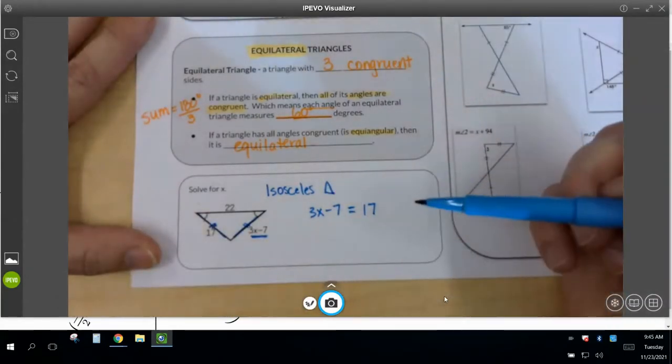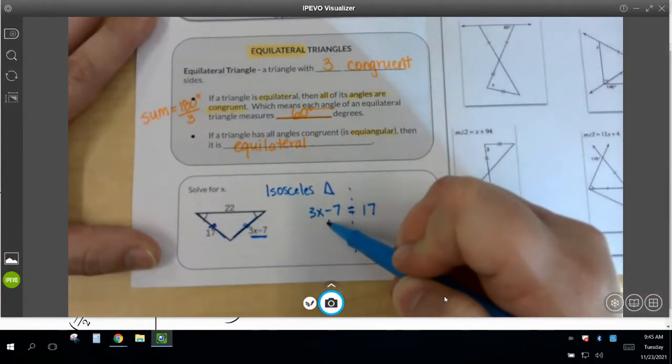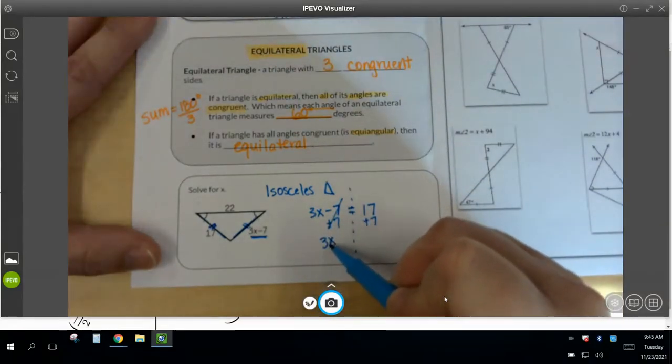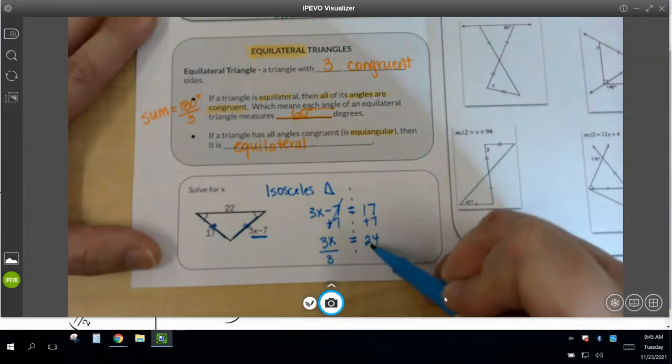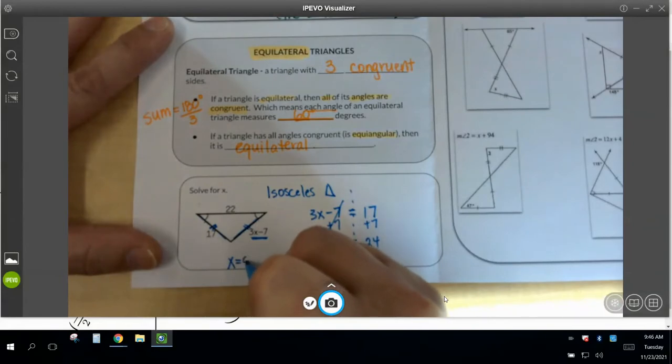So we set up an equation. We have to solve here for x. The first thing that we'll do is add 7 to both sides to get rid of the 7, leaving us with 3x equals 24. Divide both sides by 3 to get x by itself, and we would get x equals 8.